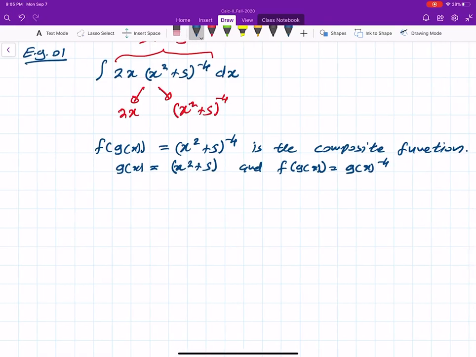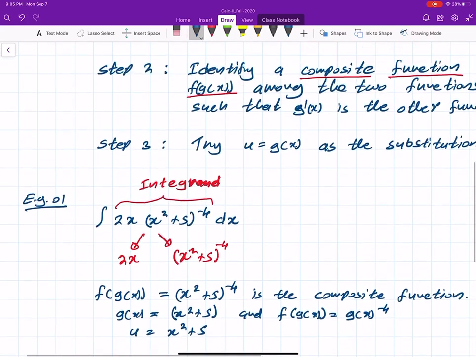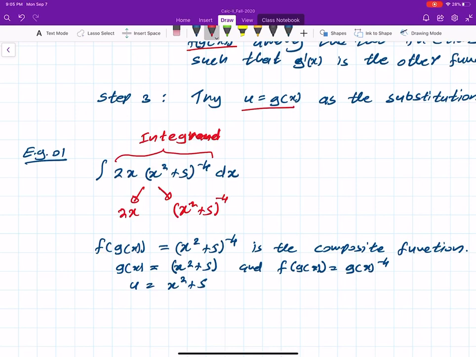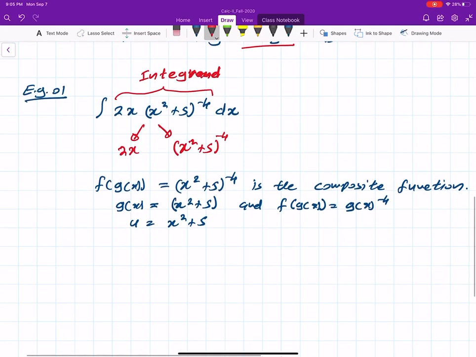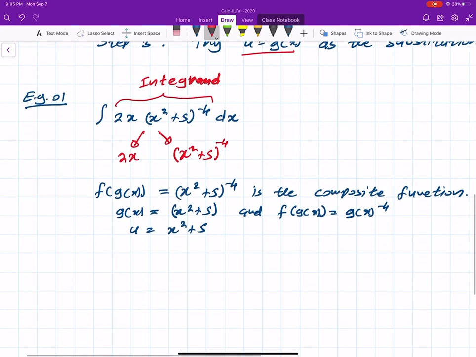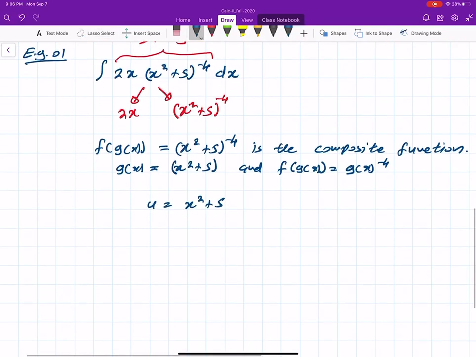Since g of x equals x square plus 5, you can take that as your substitution. That is step number 3. Step 3 says try u equals g of x as the substitution.